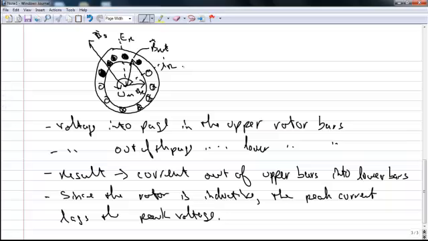So we think about the interaction between the stator magnetic field B sub s and the rotor magnetic field B sub r, and that interaction is going to create a torque. So we have an induced torque.